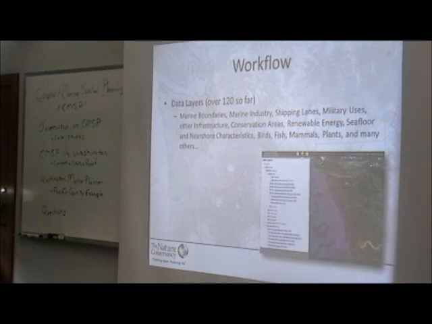So again, looking a little bit more in detail at some of the functionality, the workflow for the data layers or the online data catalog, over 120, nearing 150 so far. Various marine boundaries, terrestrial boundaries, marine industry, shipping lanes, military uses, infrastructure, conservation areas, various power potentials for renewable energy, seafloor and nearshore characteristics, and then the biological characteristics as well.